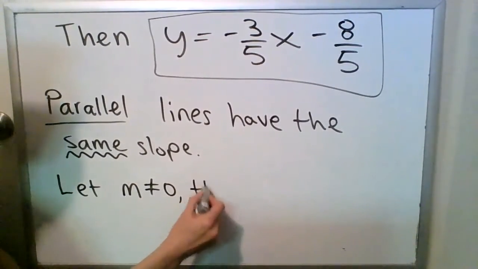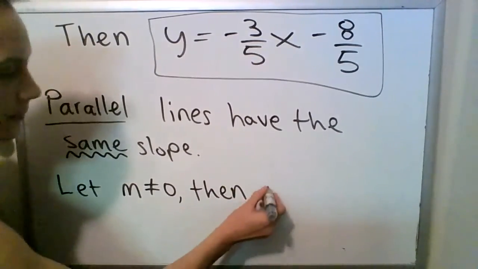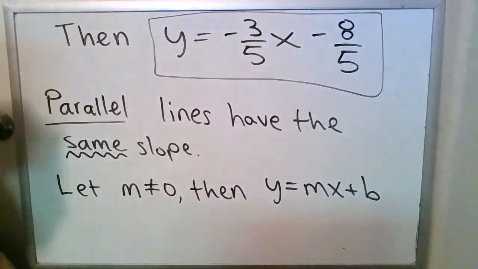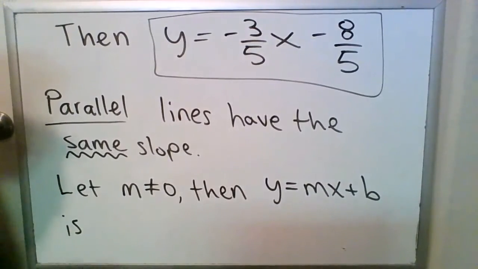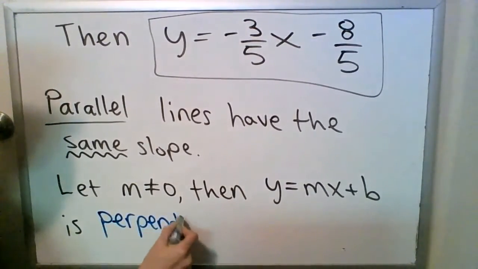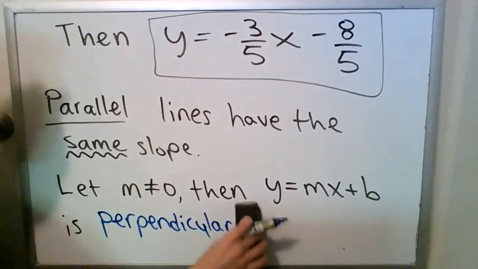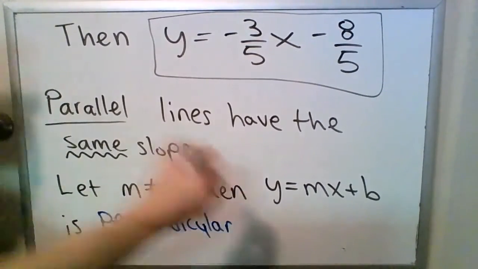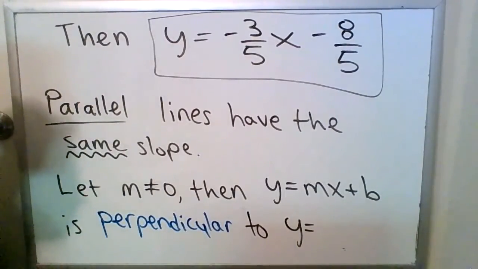Then y equals mx plus b is perpendicular to y equals negative 1 over m x plus b.